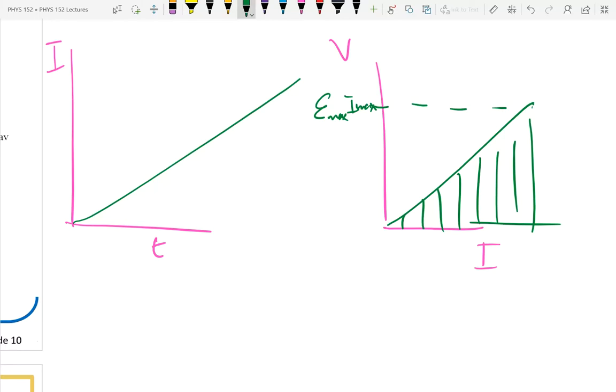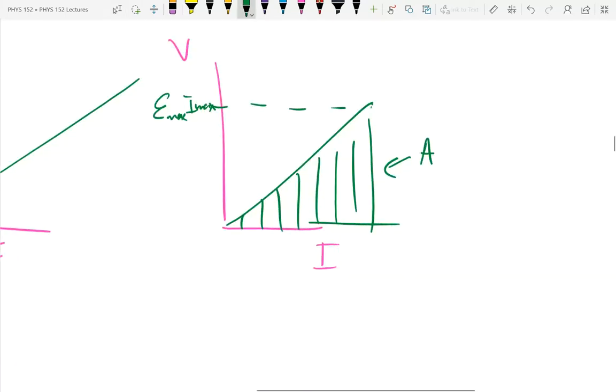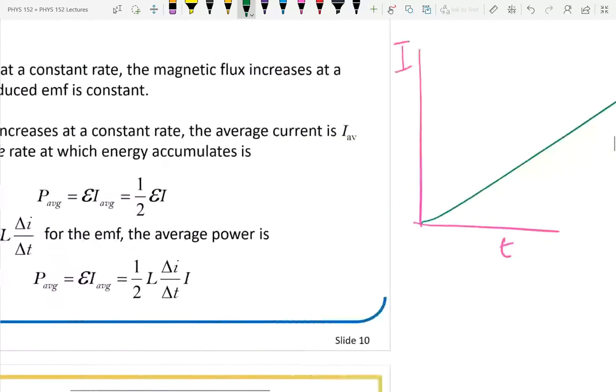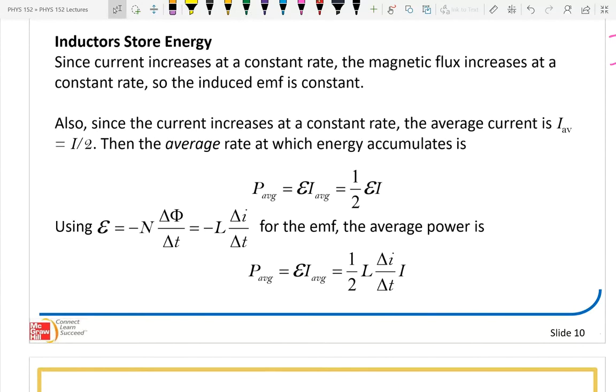And so the area there that I hashed is going to be 1/2 Emax Imax. And so that's why I have this here, 1/2 times the voltage times the current.